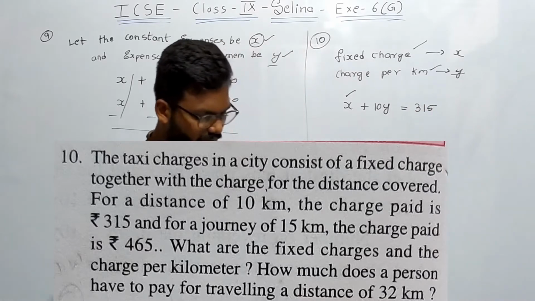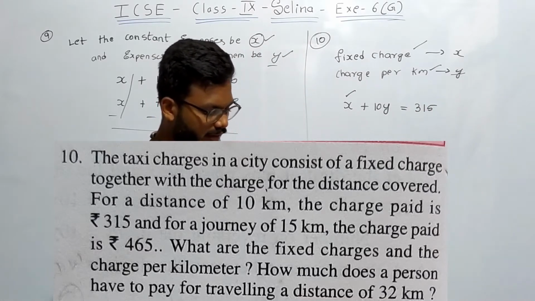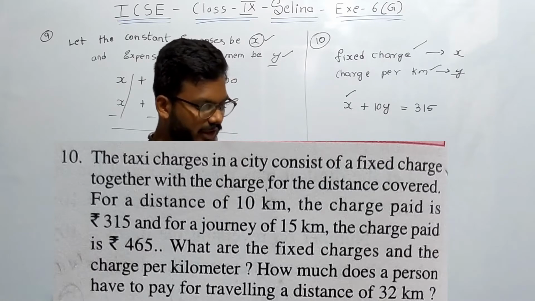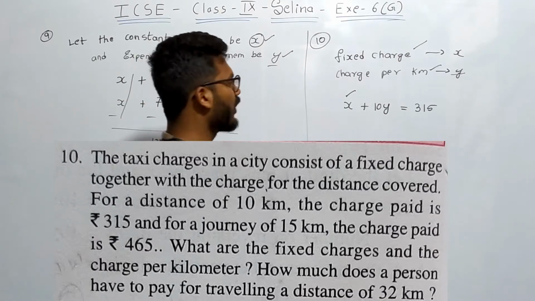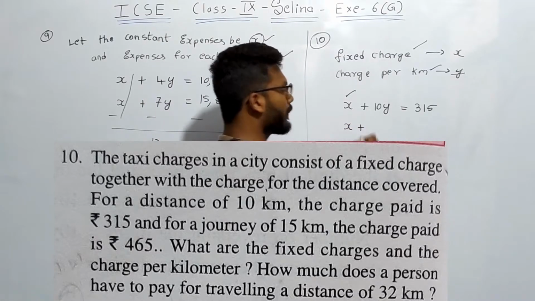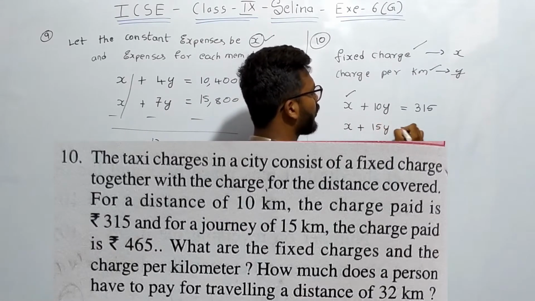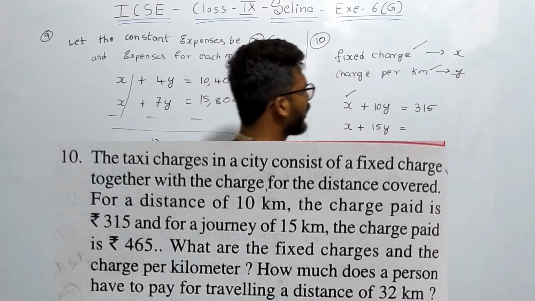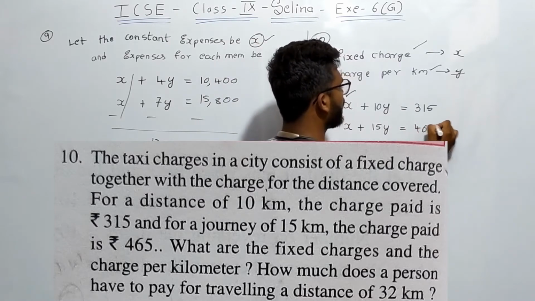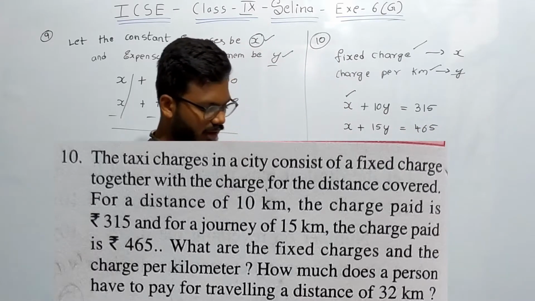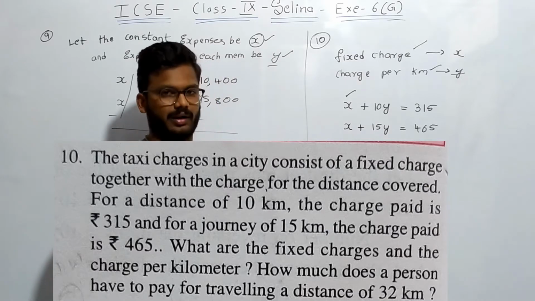In the same way, for a journey of 15 kilometers, the charge paid is 465. So x plus 15 into y is equal to 465. So what are the fixed charge and the charge per kilometer?